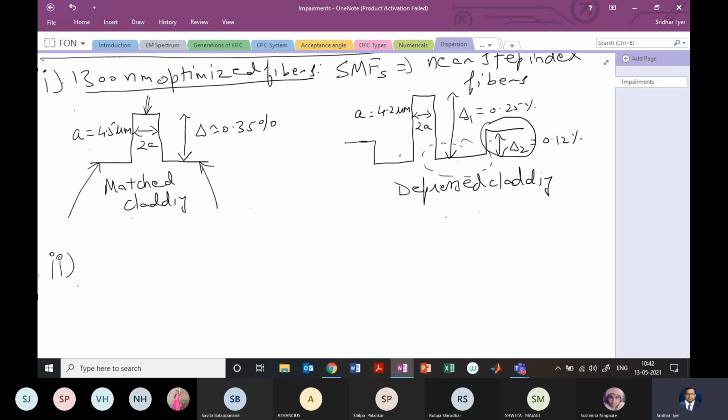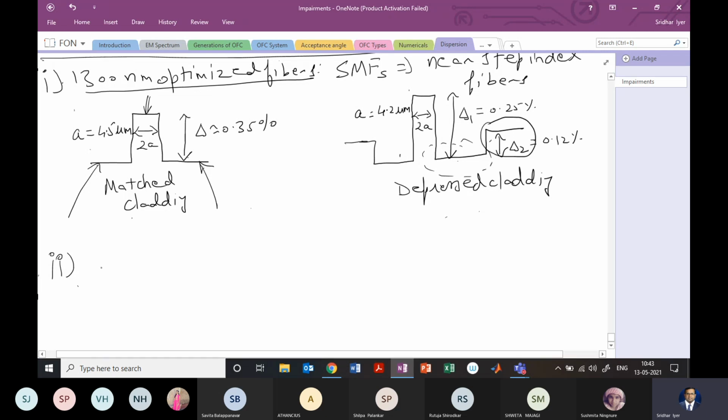So these three things can be altered so that the dispersion can be taken to a zero value. Okay, so this idea, that is, by shifting the waveguide dispersion to longer wavelengths and assuming a constant value of the material dispersion, will lead to fibers which can give us approximately zero dispersion, and these fibers are known as dispersion shifted fibers.